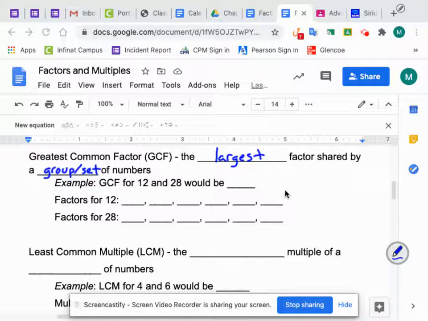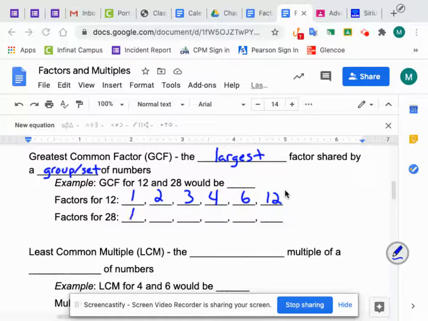And I like to start with my factor that's the easiest, 1 times 12. And then I'm going to do 2 times 6. I'm going to go to the next number, 3, which is 3 times 4. So those are all of the factors that go into 12.